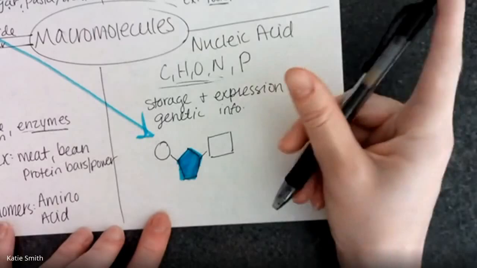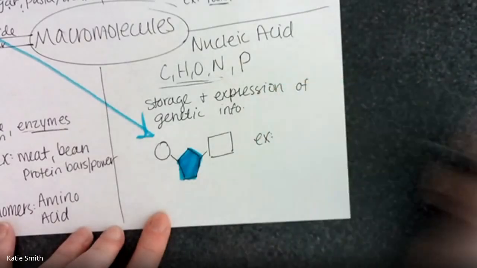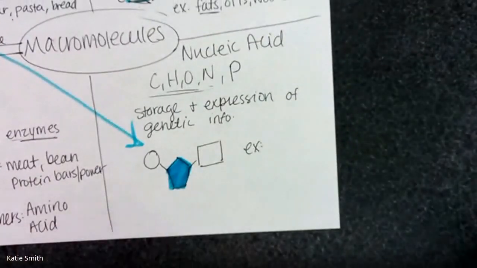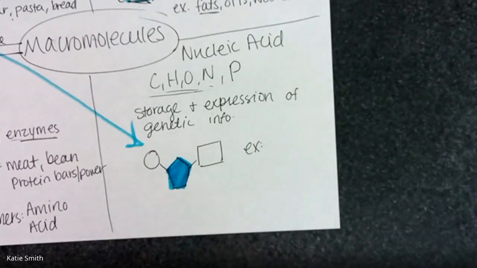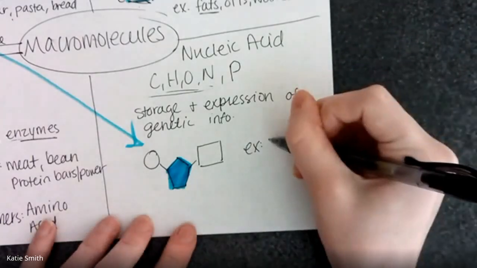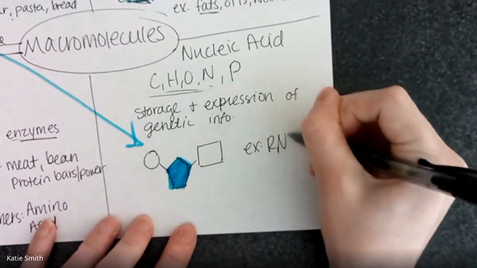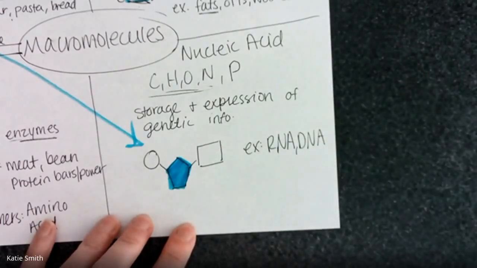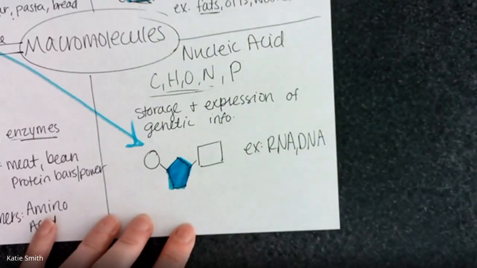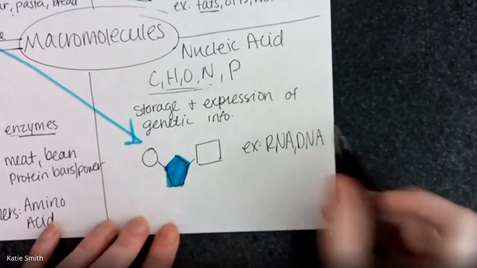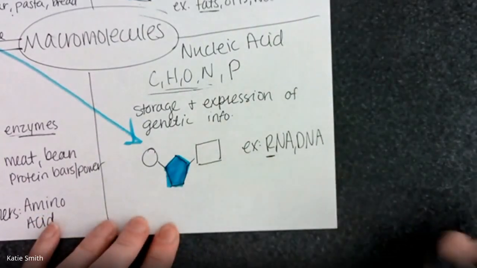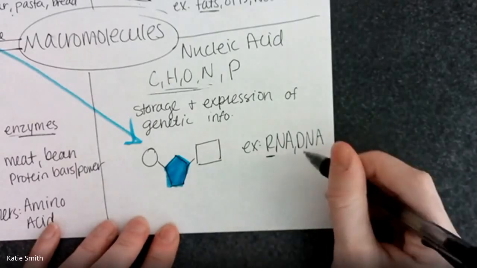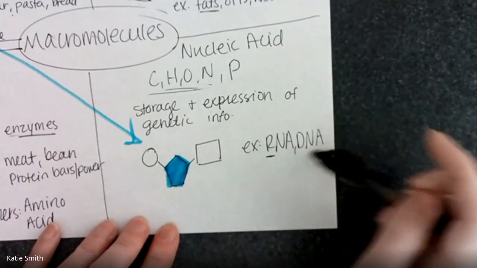Wow. Science. What are some examples of nucleic acid? RNA and DNA. Again, we will learn all about those. They are very chemically similar. The only difference between DNA and RNA is that RNA has one more oxygen, which is what the deoxy part of DNA means.